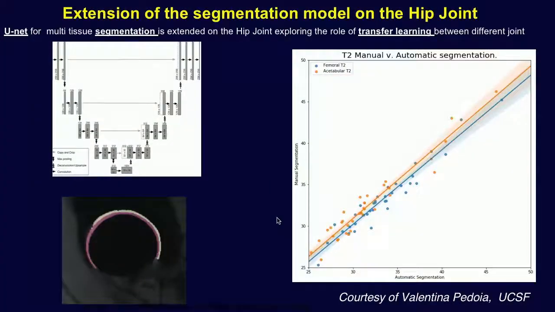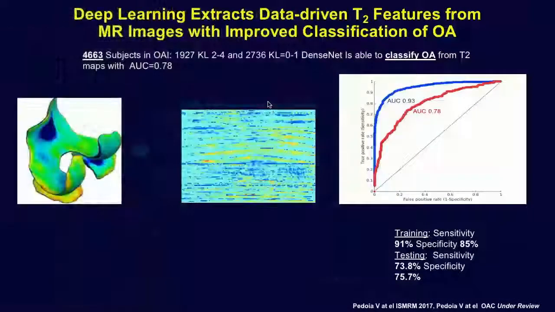Here's an example of similar work from UCSF. This is from Valentina Pedoia and Sharmila Majumdar, looking at the hip here, segmenting the articular cartilage in the hip joint with a two-dimensional UNet architecture, and again looking at the ground truth here versus the automatic segmentation, doing quite well.